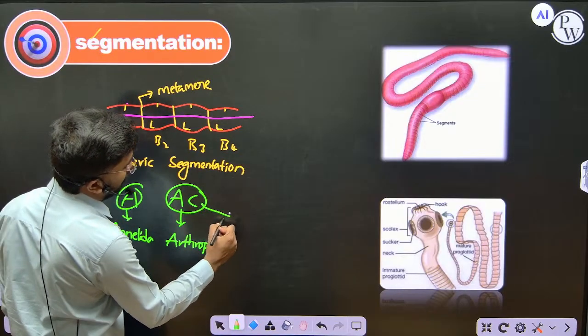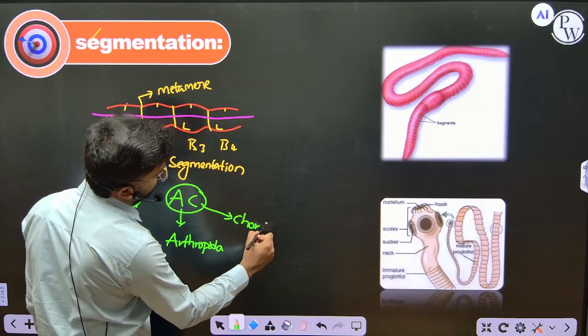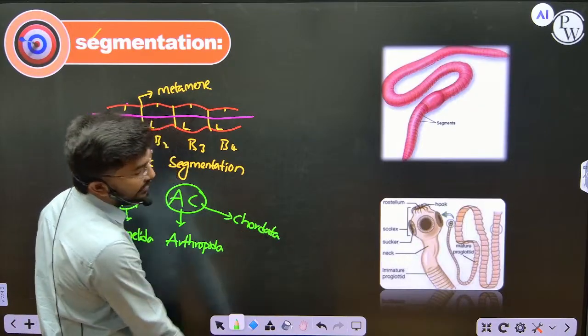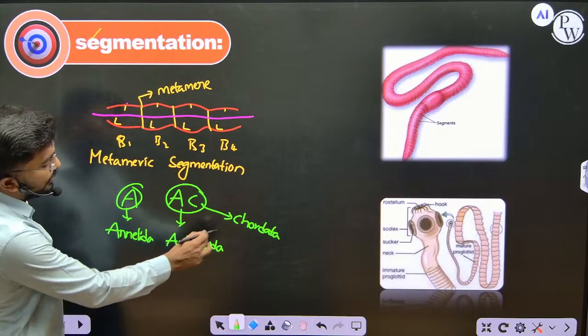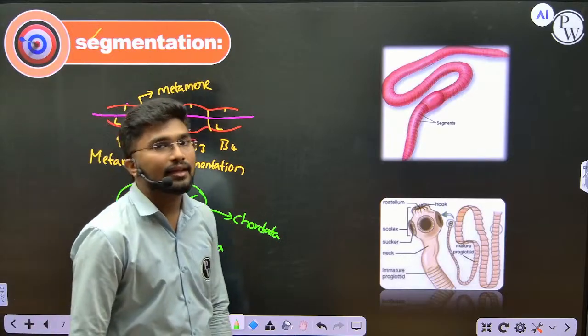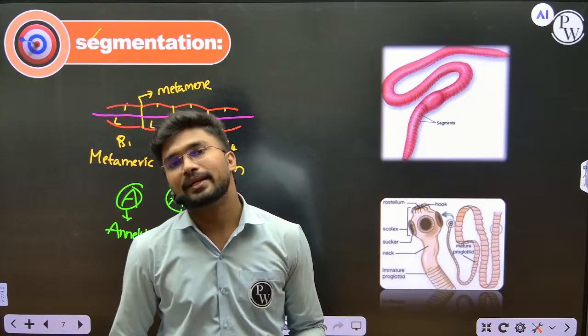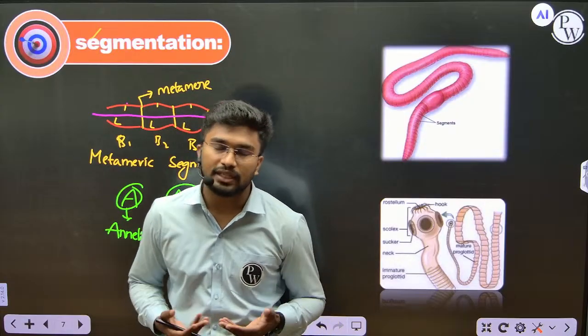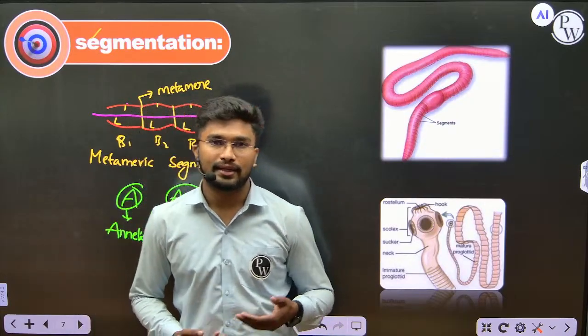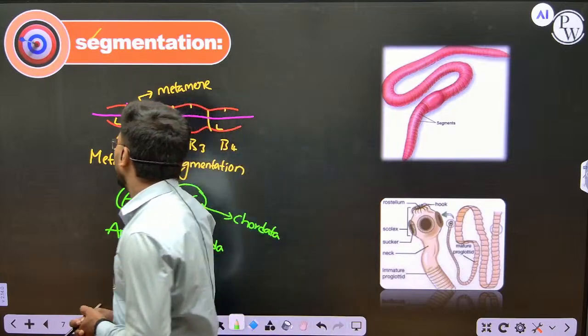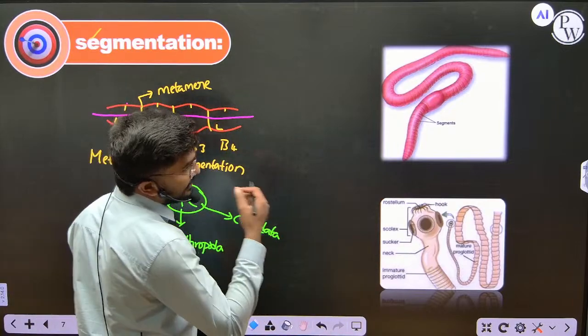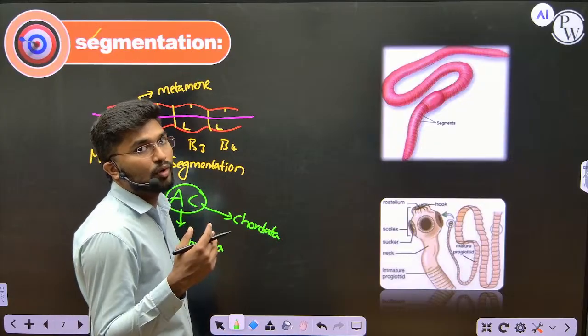C for Chordata. Annelida, Arthropoda, Chordata are the animals that exhibit true segmentation, meaning metameric segmentation. Got it? And one more thing is there, when we study flatworms.